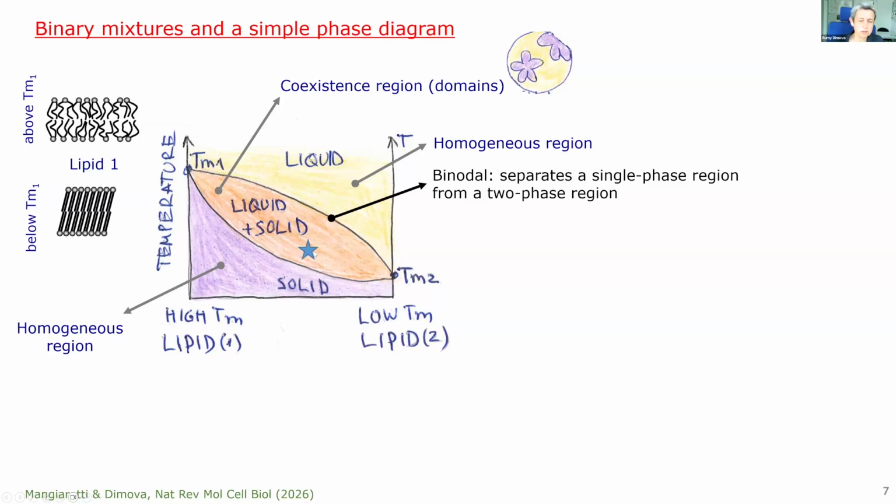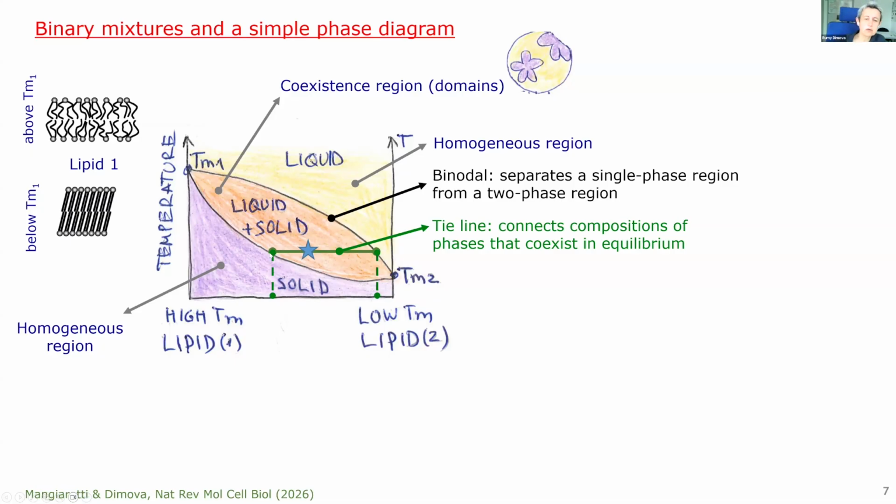And then if you take a point somewhere here, this point is at a certain temperature, and the composition is read by this axis. If you take this point, you can look at something called a tie line, which is in this case a horizontal line that connects your point with the cross section with the binodal.